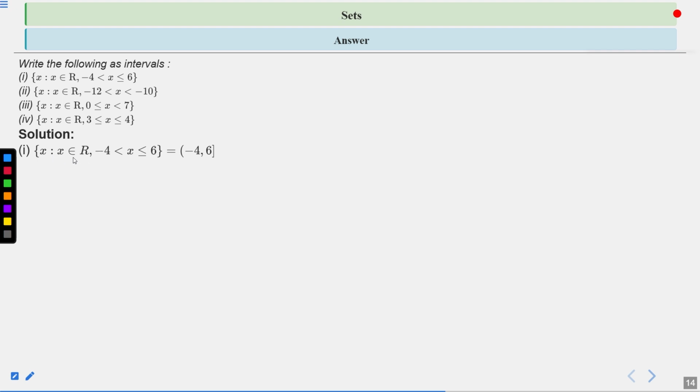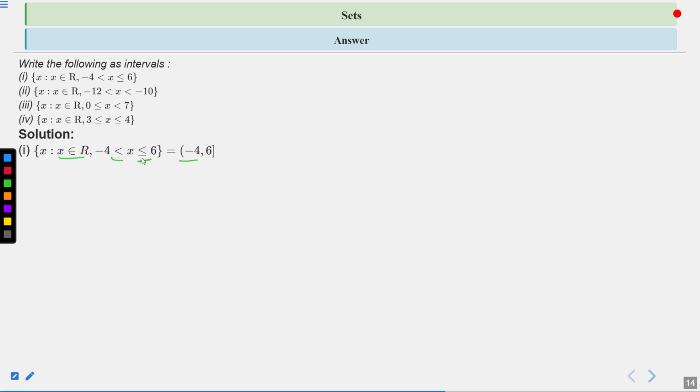For the first one, x belongs to the set of reals, greater than -4 and less than or equal to 6. So we are having strict inequality at -4. So we are using an open bracket at -4 and a closed bracket at 6 because we have the inequality with equality, less than or equal to.